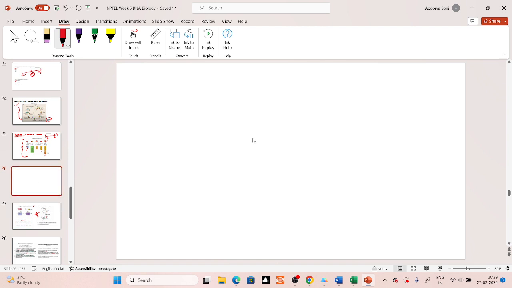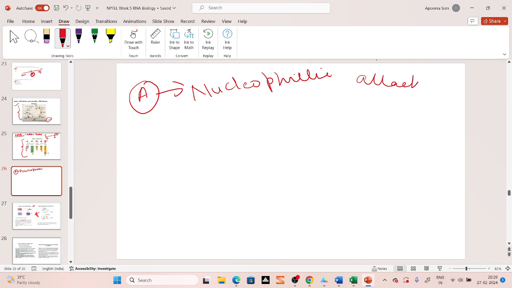See, this A, which is present in the branch point, has to perform a nucleophilic attack at the 5 prime site. So for this nucleophilic attack to take place, this A has to come out of this branch site, and it should go near the 5 prime splice site.